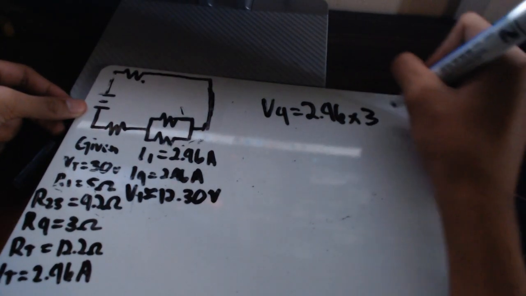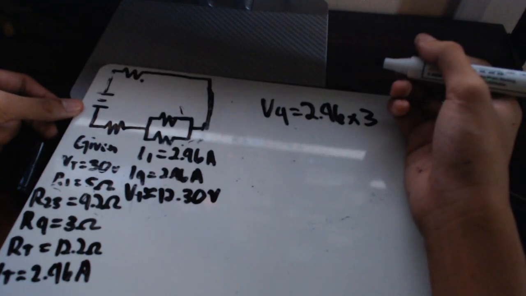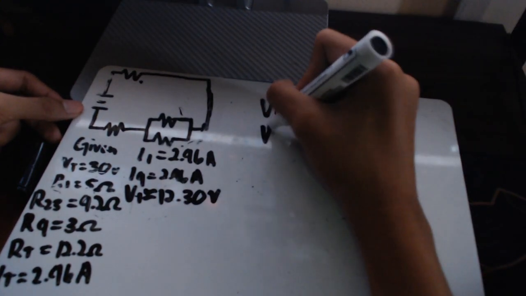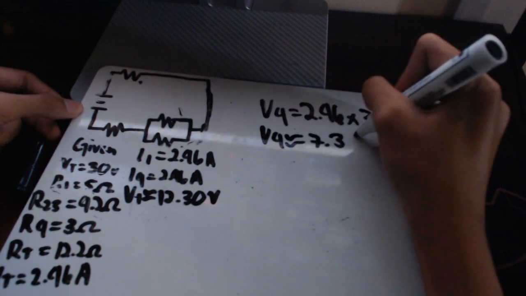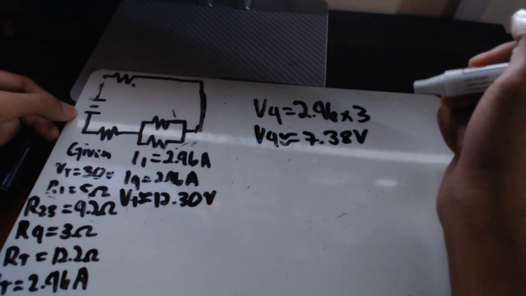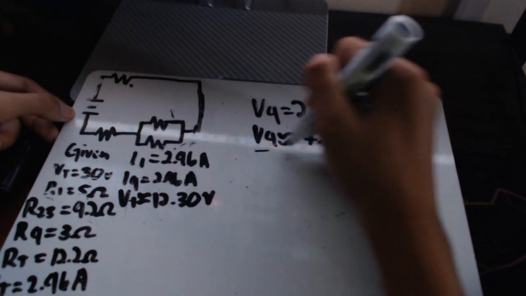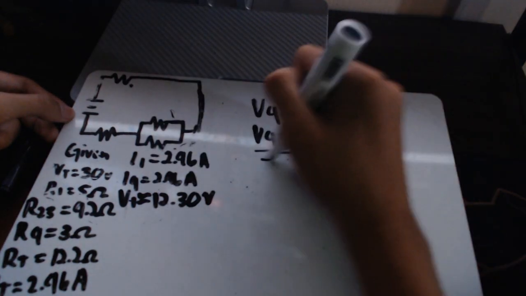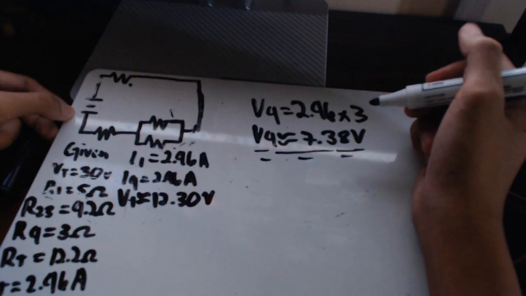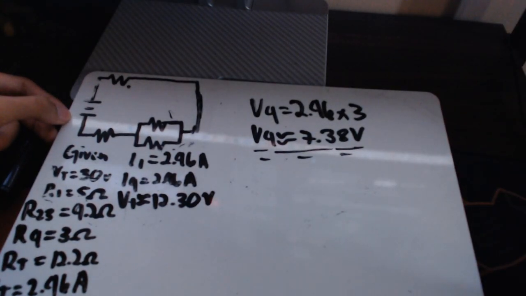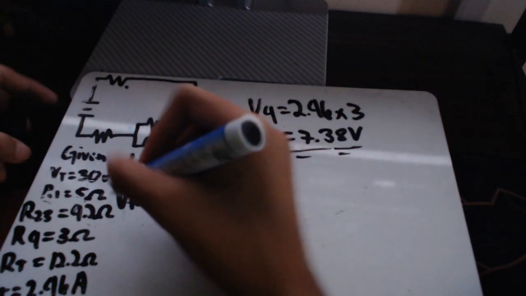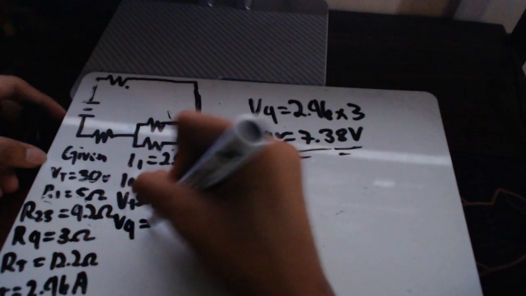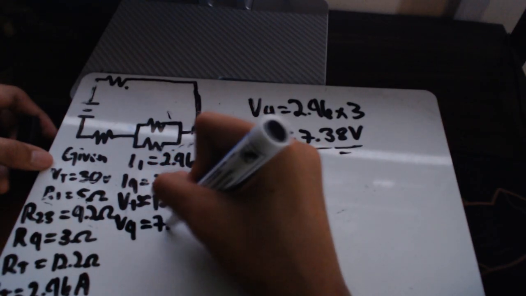Now we multiply: 2.46 times 3 is approximately 7.38 volts. So the voltage across R4 is approximately 7.38 volts. So we can write it here, 7.38 volts.